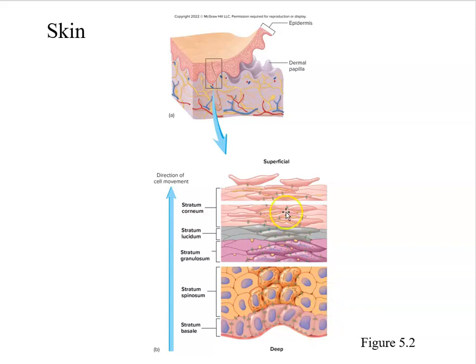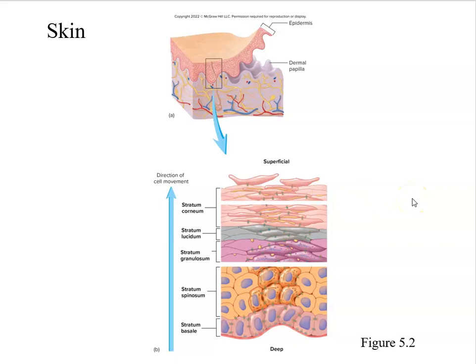As they divide, these older cells are pushed up into these more superficial strata until finally they reach this stratum corneum. And at this point, they're totally full of keratin. They are completely dead.